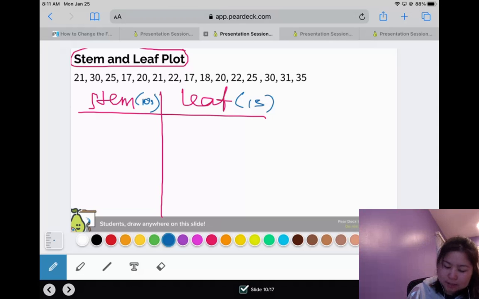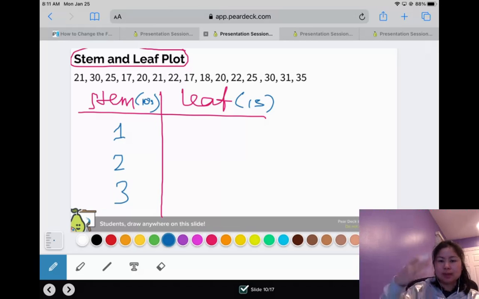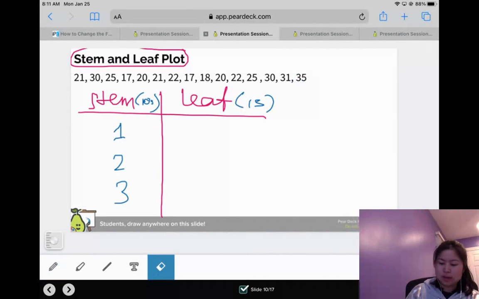So my stem is going to be 1, 2, and 3. If it's in the hundreds, then my stem is going to be in the 100s. If it's in the 1,000s, the stem is the 1,000s. So I will look at the first values and then determine, is this a tens, 100s, or 1,000s or whatever.